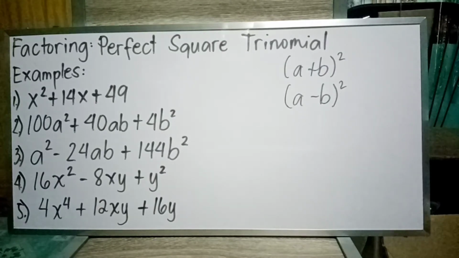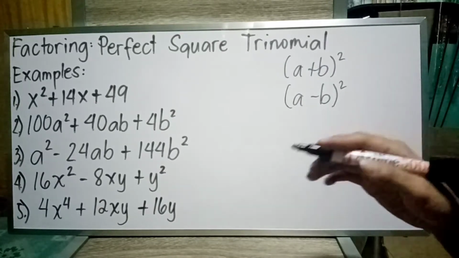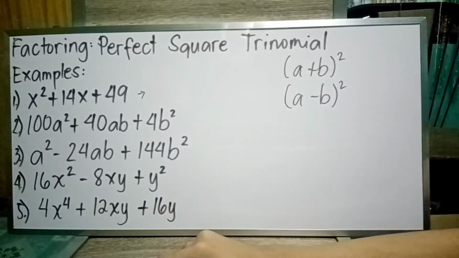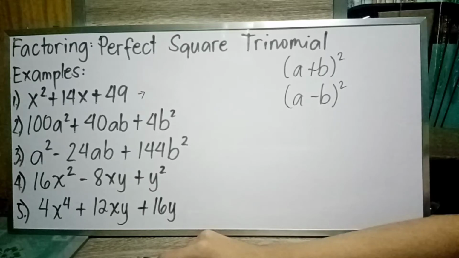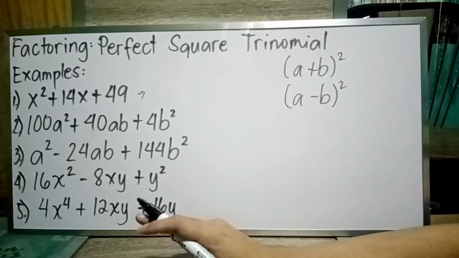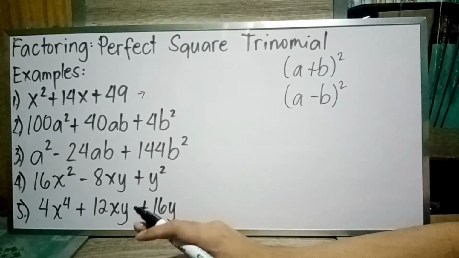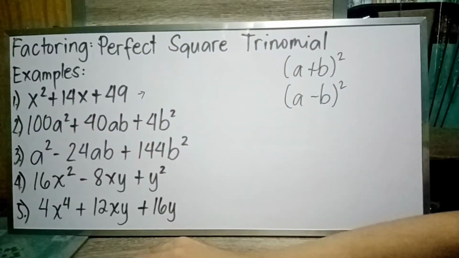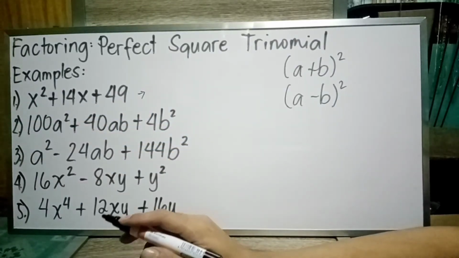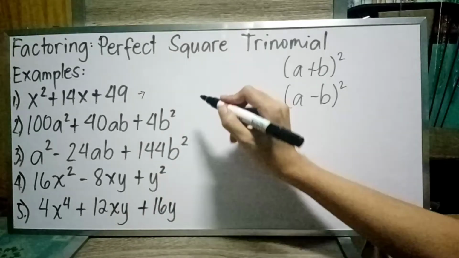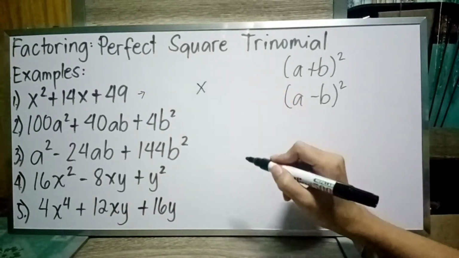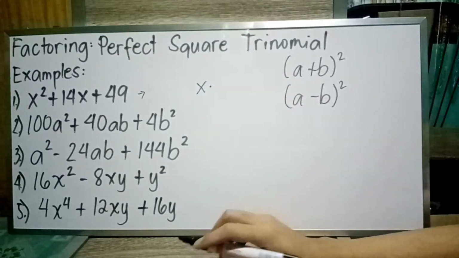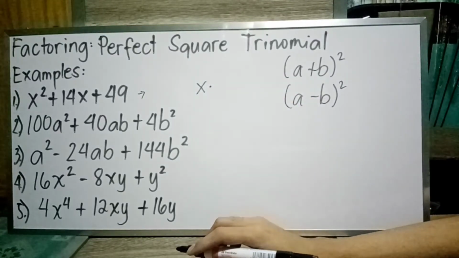Okay, it goes like this. First we have to identify if the given is a perfect square trinomial. How to do that? We're going to get the square root of the first and the last term. What is the first term? x squared. What is the square root of x squared? That is x. Then we multiply it by the square root of the last term.